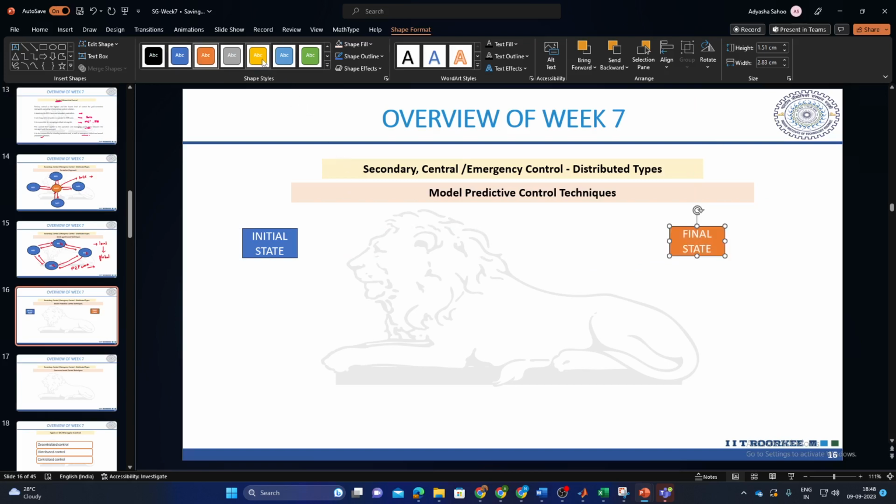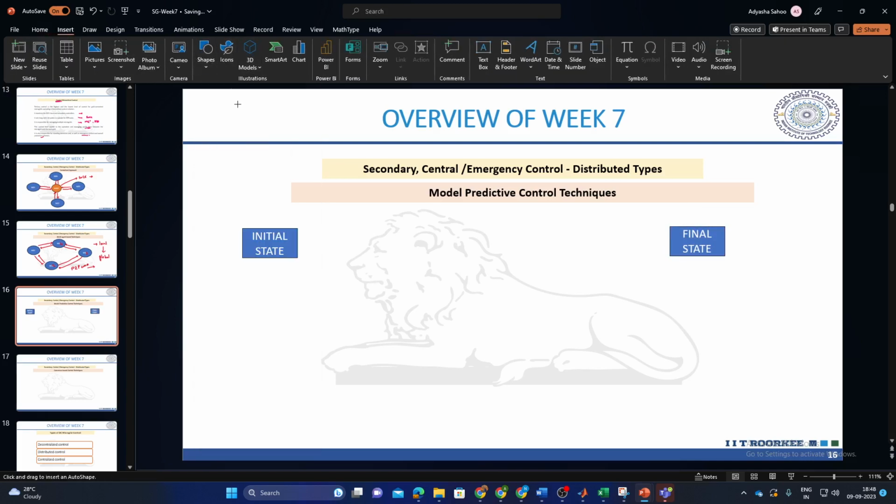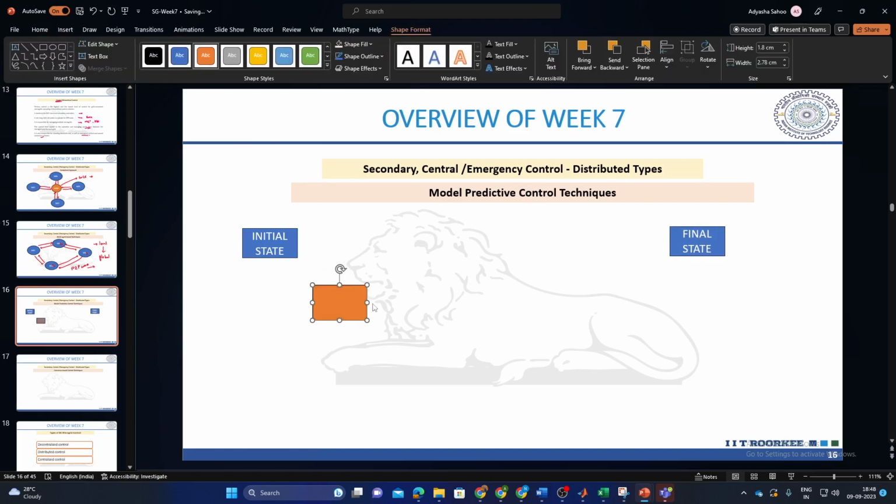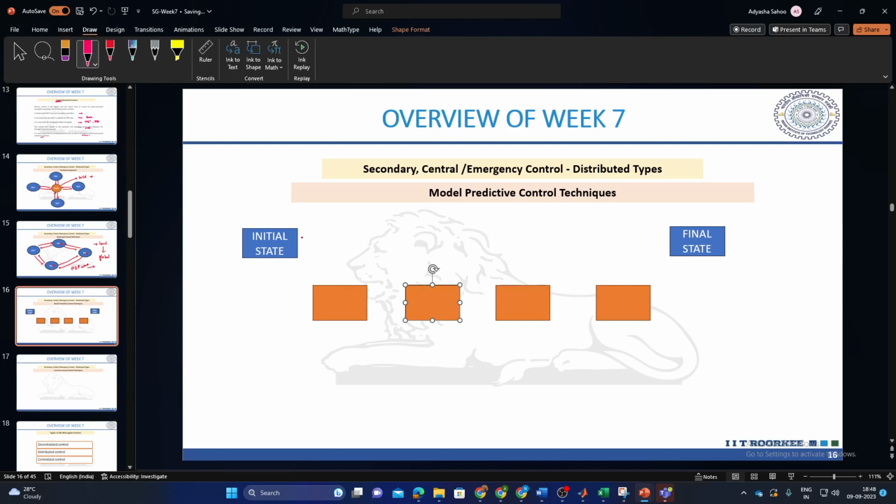Let's say I want the action to take place in 4 steps. Basically I want to go from this initial state x to my desired final state y using some controls, that is u, and I want to apply that u in 4 steps: u1, u2, u3, u4.